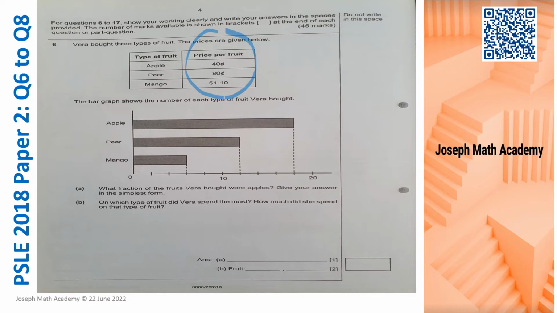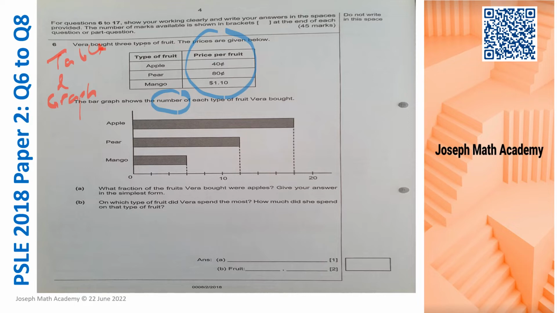And the horizontal bar graph showed us the number, the quantity. So in this case, we are actually talking about the topic table and graph. So it's a P4 concept, P4 chapter.